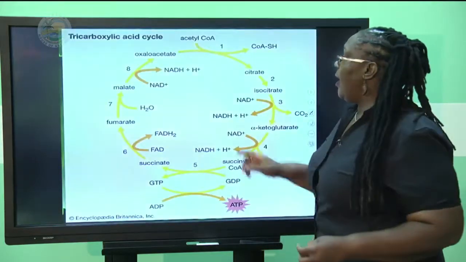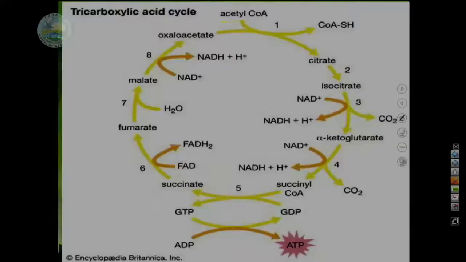And as we see here, acetyl will now be added to coenzyme A. It's important for coenzyme A to be able to carry the acetyl, this 2-carbon molecule, into this Krebs cycle, also known as the tricarboxylic acid cycle or the citric acid cycle.